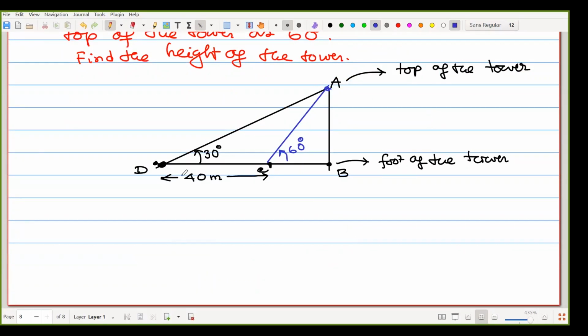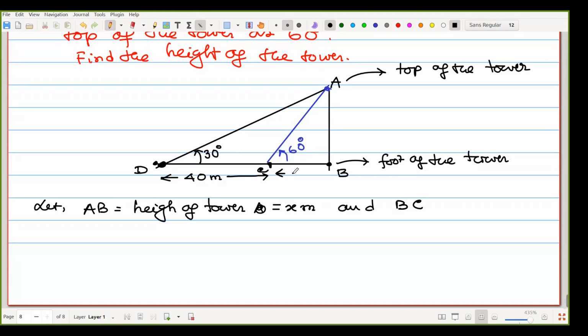Okay, so suppose we are writing here something. Let the height of the tower AB be equal to X, and suppose BC, that means that position, is Y meter.